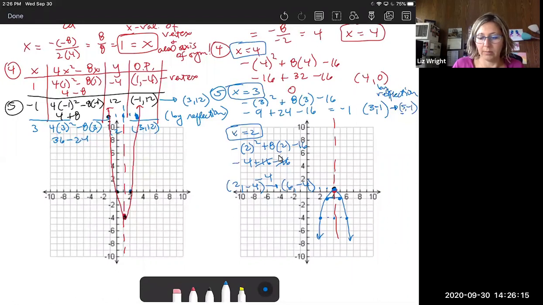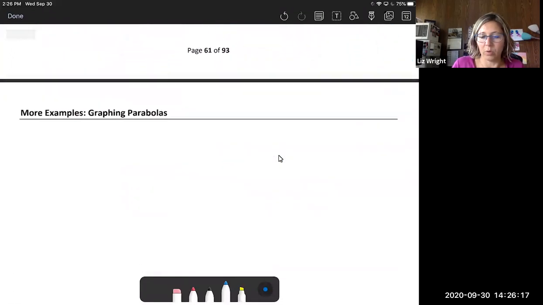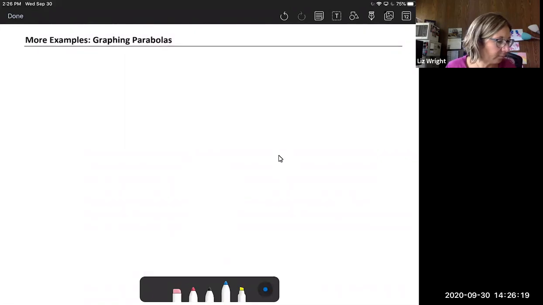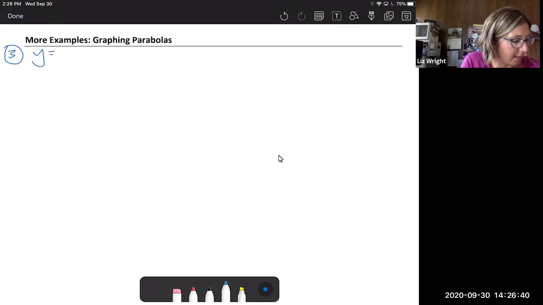All right. We've got 2 more to try out here. So our next one that I would like for you to try with me is going to be number 3, and we've got y equals negative 4x squared plus 4.